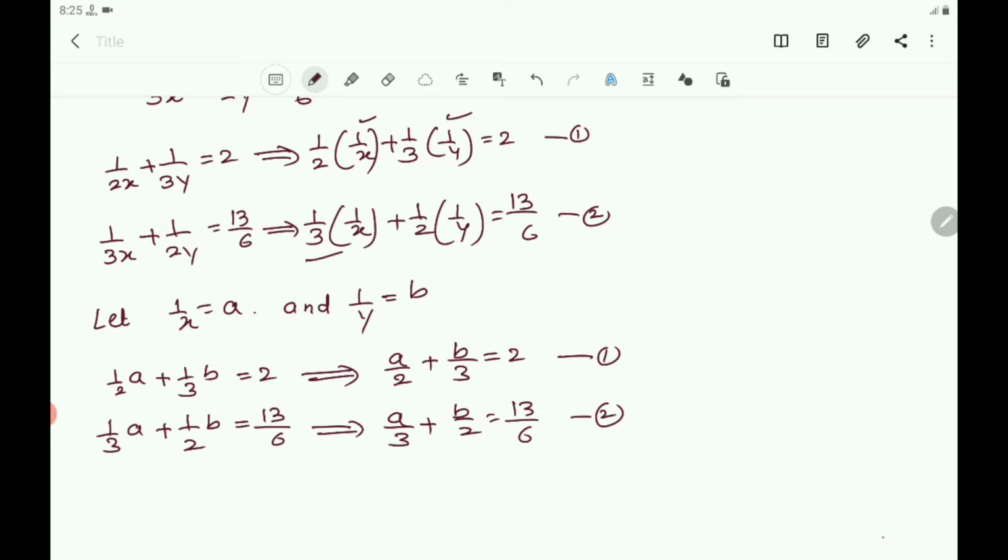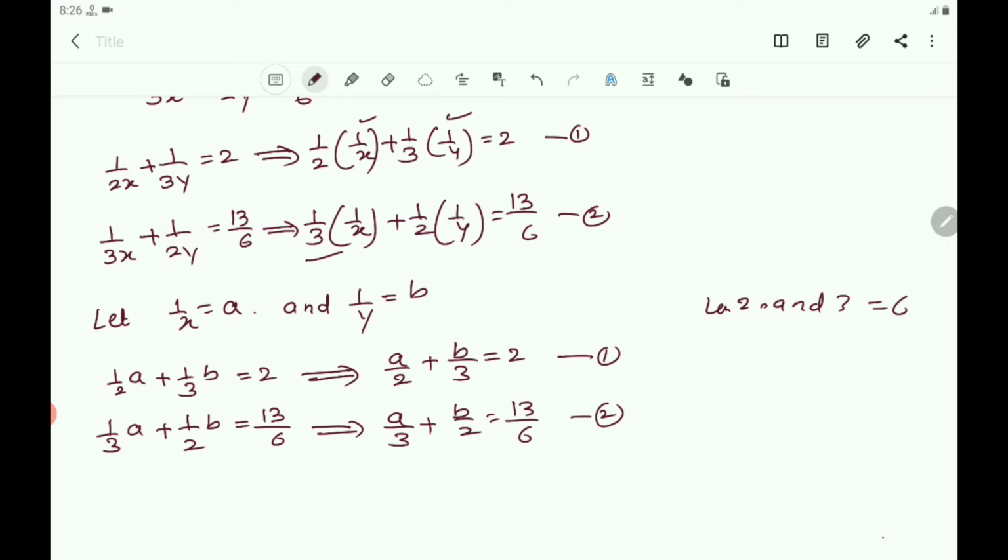Here you got a/2 + b/3 = 2 and a/3 + b/2 = 13/6. Now we have to convert the denominators to 1. Here 2 and 3 are there, so take the LCM of 2 and 3 and multiply both LHS and RHS by that LCM. You know that the LCM of 2 and 3 is 6.